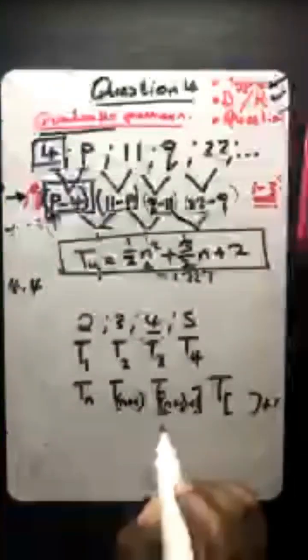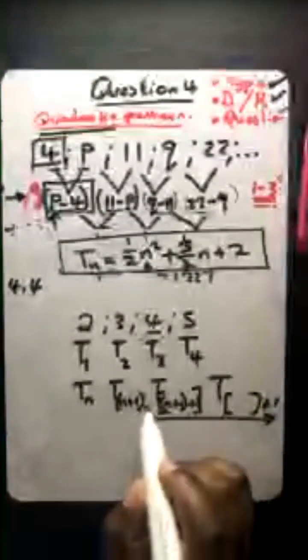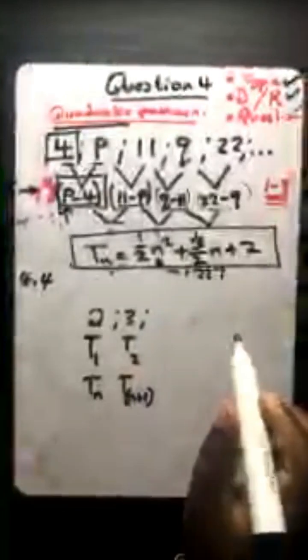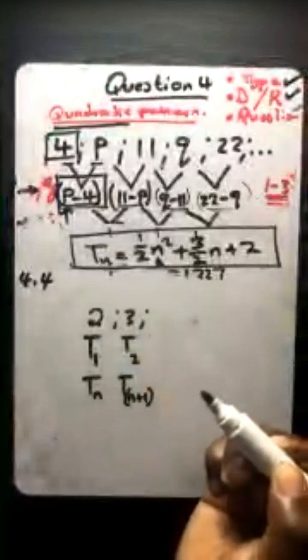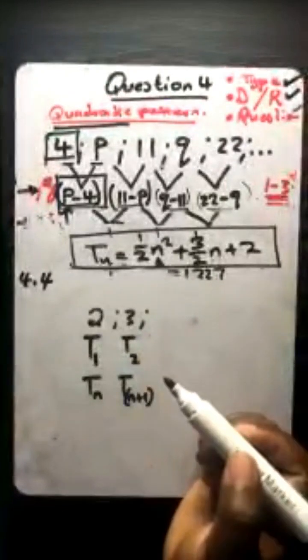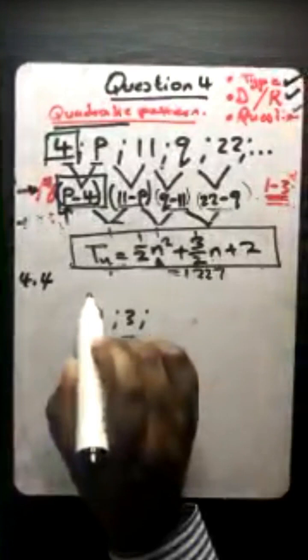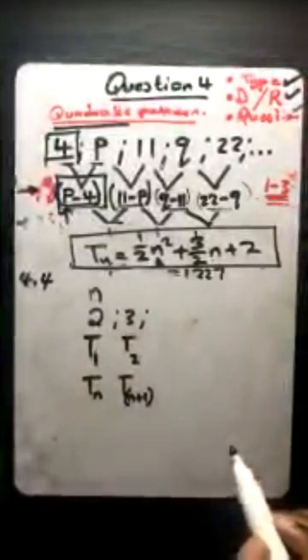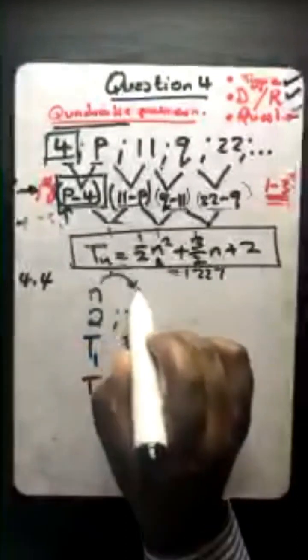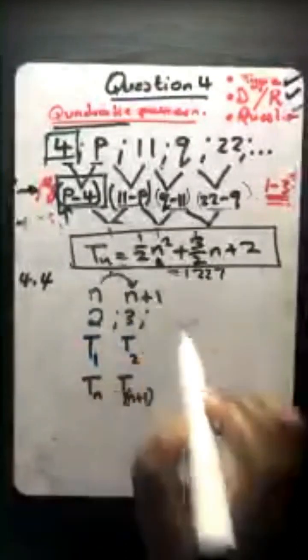But we shouldn't worry about all of that, because we are only concentrating on 2 terms. So let me remove all of that, limit it to just 2 terms. So my question is, do you guys agree that since we don't know what term number they are referring to in the question, we can just refer to that as n, and then we know that the next term from that one is just n plus 1.